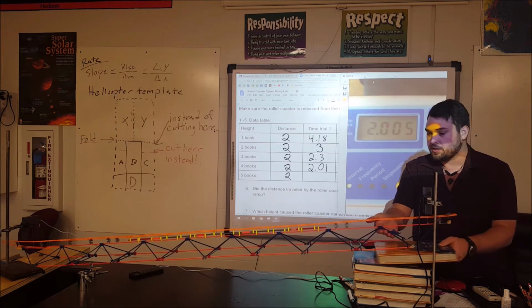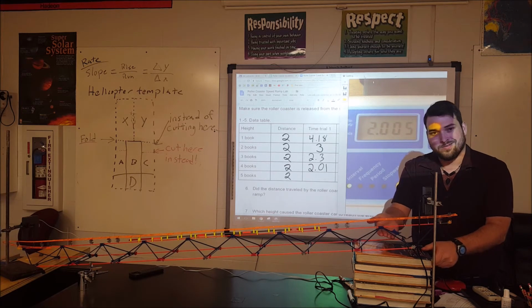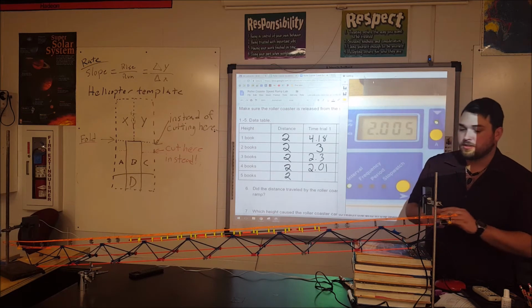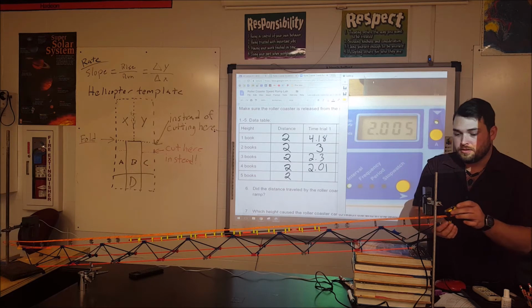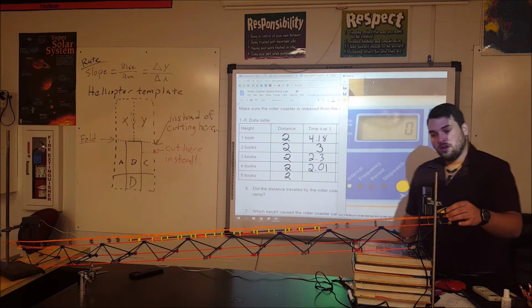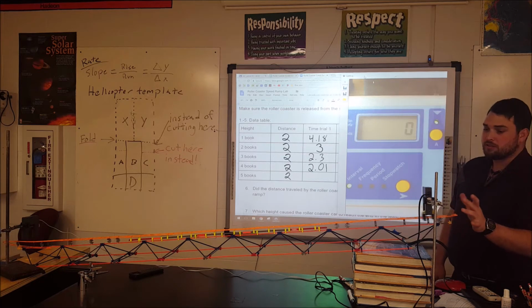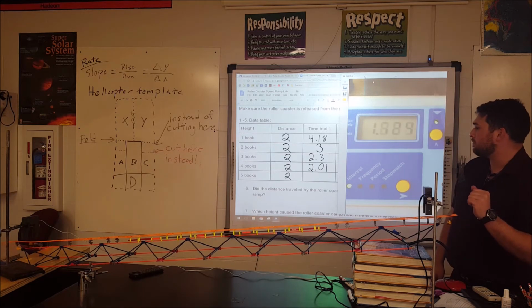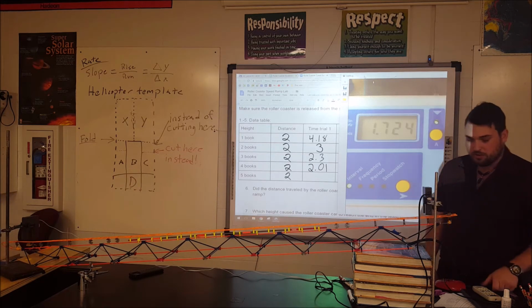This is the only thing textbooks are good for, in my opinion, especially in a science class. All right, without further ado, 5 books. 1.72.